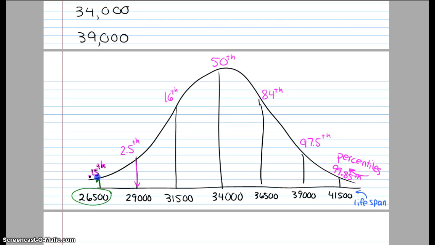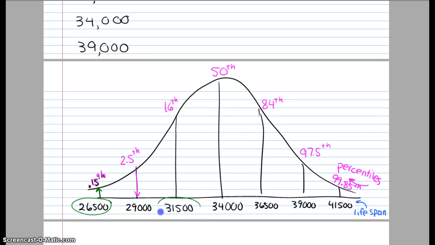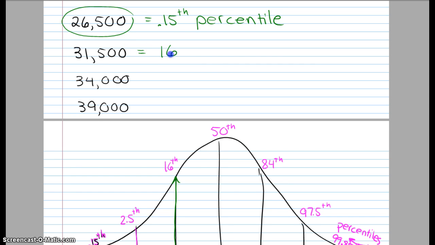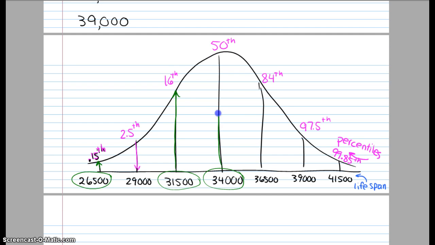Well, that would be the 0.15th percentile. 31,500, that would be the 16th percentile. 34,000, that would be the 50th percentile.